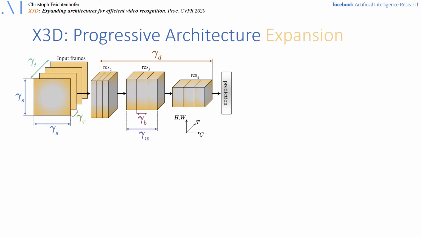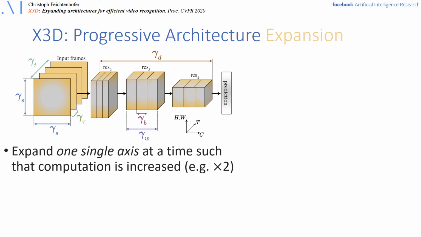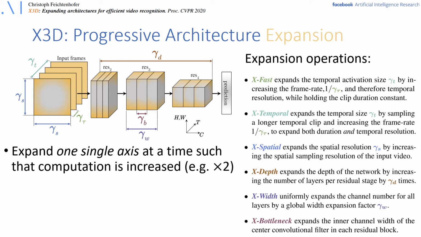To generate X3D, which is expanded across multiple axes for good computation accuracy trade-off, the idea is to progressively expand this tiny base 2D image architecture into spatiotemporal one by expanding these multiple possible axes. And we have 6 expansion operations that expand each across one of these axes.